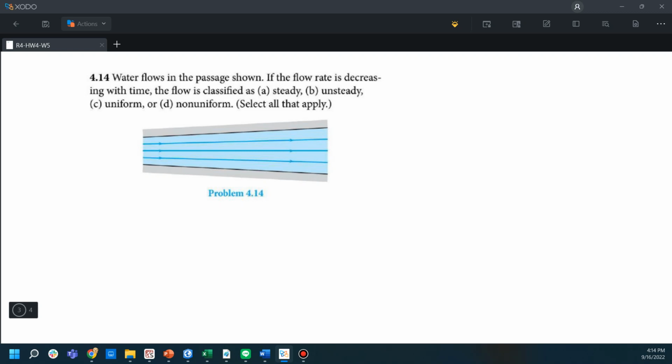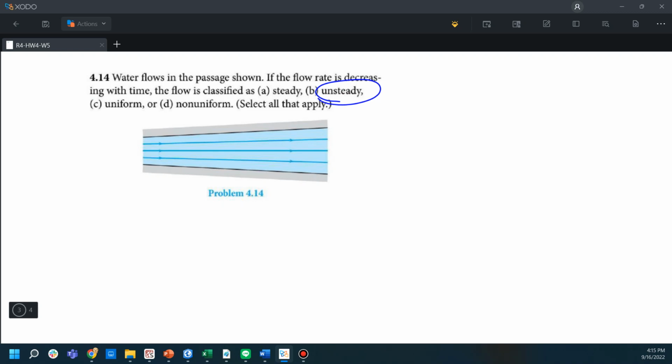Okay, so how do we distinguish whether the flow is steady or unsteady? What does steady mean? Steady means that the flow will not change with the time. However, the problem already told you that the flow rate is decreasing with the time. So basically, it tells you that the flow is unsteady.